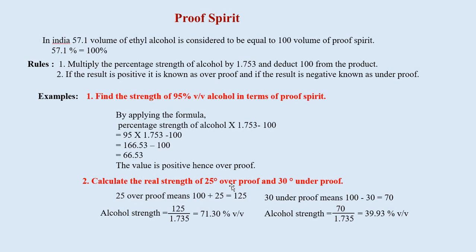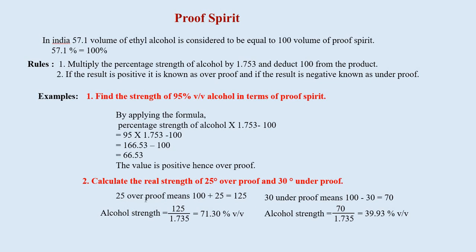In the second example, they gave two values. One is 25 overproof. This is the symbol used for overproof and underproof.